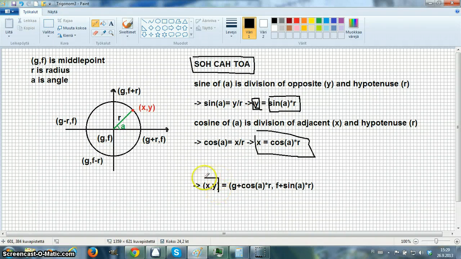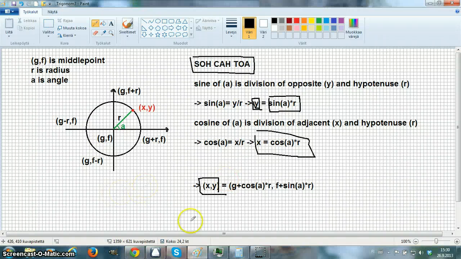So we can find x and y by this. So the G plus, we can find over here: G plus cosine A times r, and we can find the new y over here by F plus sin A multiplied by r. Okay, that was it. Thank you.